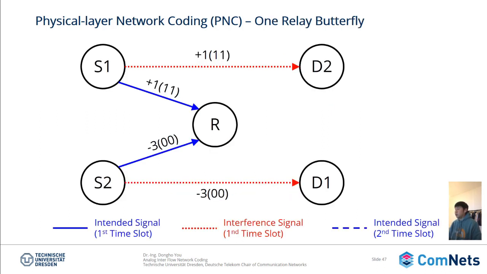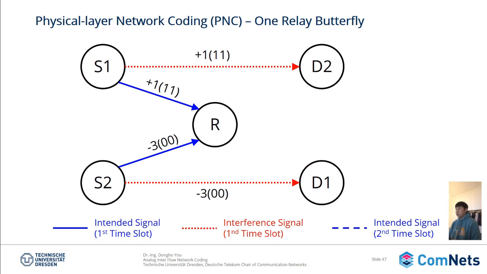However, there are some solutions to overcome this problem. Let's consider the butterfly topology using one relay node. The 2 sources, S1 and S2, want to transmit their own data to the destination nodes D1 and D2 respectively. Let's assume the distance is so long that they need the relay node in the middle. D1 is relatively closer to S2, and similarly D2 is relatively closer to S1.